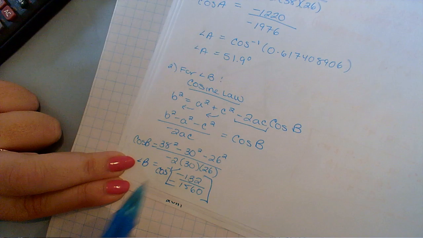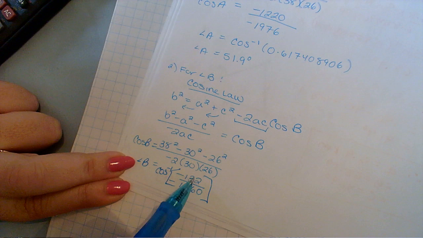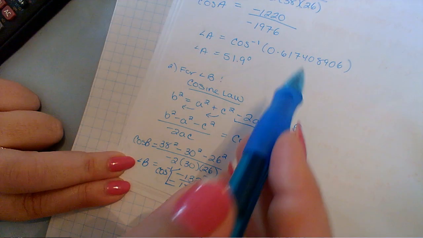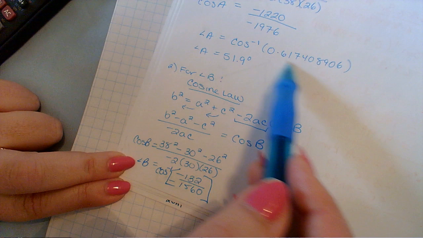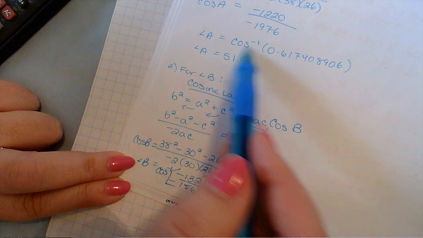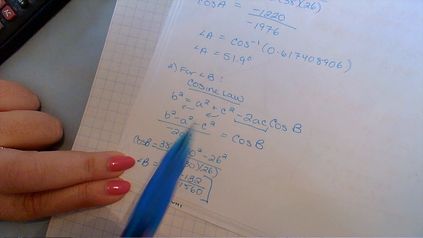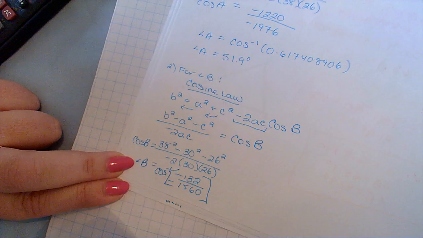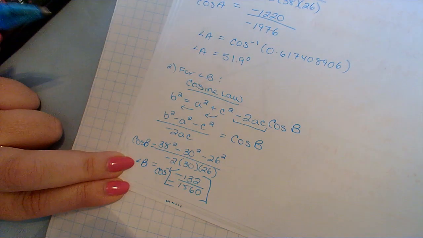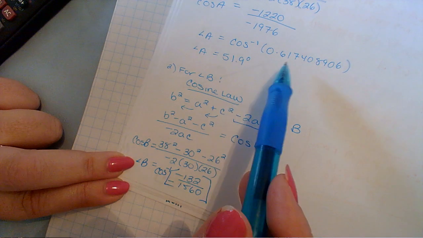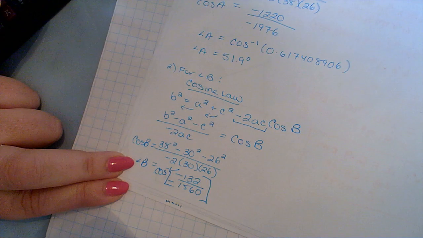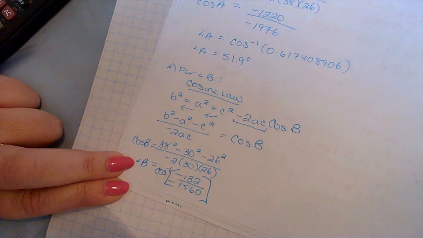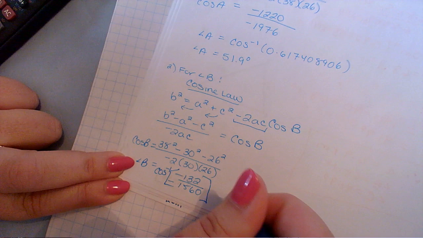So I'm inversing at the same time I'm writing out my numerator and my denominator. So I'm not writing out this long decimal that I did in the previous example. I'm just saving myself this one step, but I'm still showing my inverse of cos. So 132 divided by 1560, get that decimal of 0.0846. I'm just not writing it down. You can if you want. Inverse cos, 85.1 degrees.